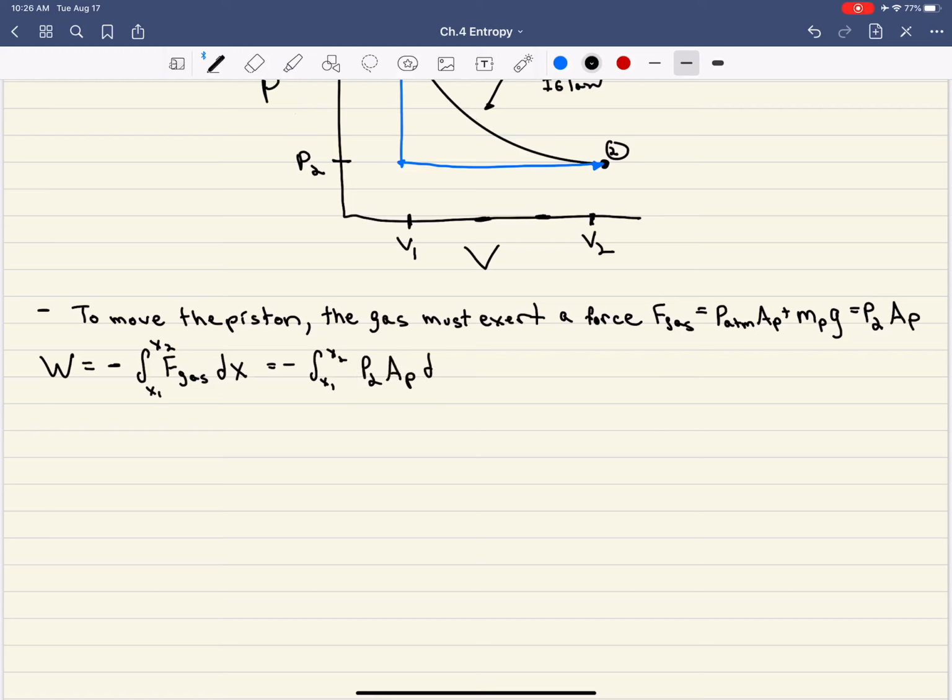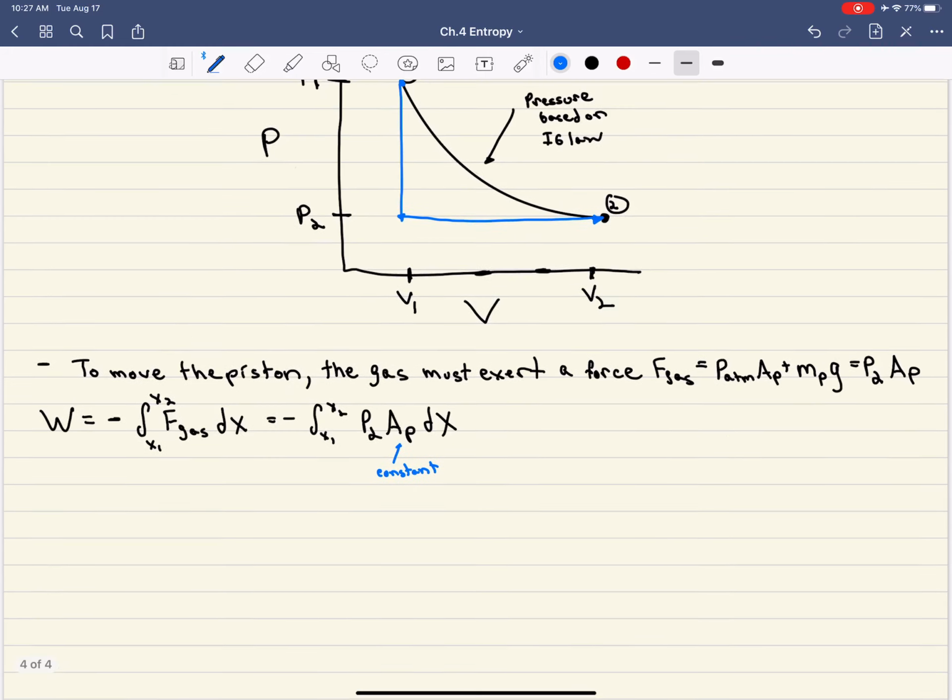But what we also need to remember is that the way we're analyzing this expansion, for the work, we're only looking at the gas changing its volume at a constant pressure P2.